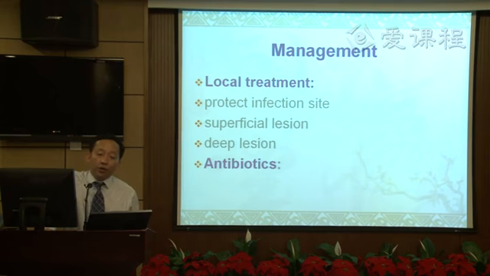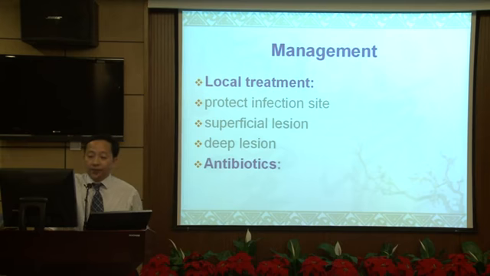And for the management of the surgical infection, we depend first on the local treatment, where you protect the infection site and treat the superficial lesions, and for the deeper lesions, we also maybe use CT scan and B ultrasound, find the deep lesions and do the drainage.